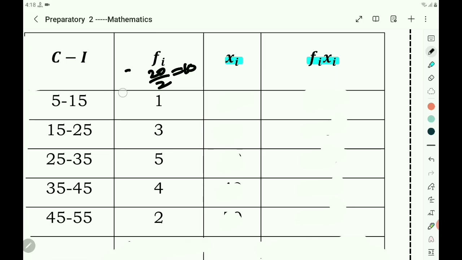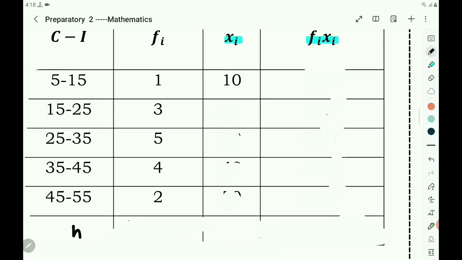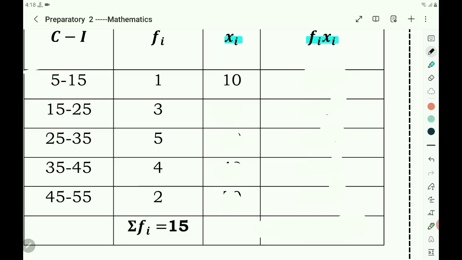So the midpoint of the class 5 to 15 is 10. Next, see the size of the class. h is equal to 15 minus 5 equals 10. That is the size of the class.